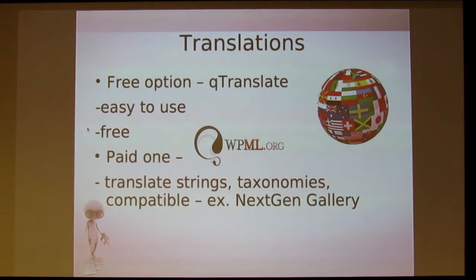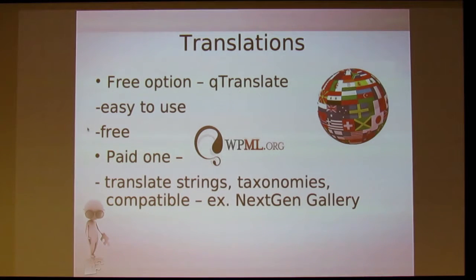About the translations, there's not a very good solution for WordPress actually, because there are some problems with everything. We know that. There are people that waste time making a different website for each language to avoid these problems.